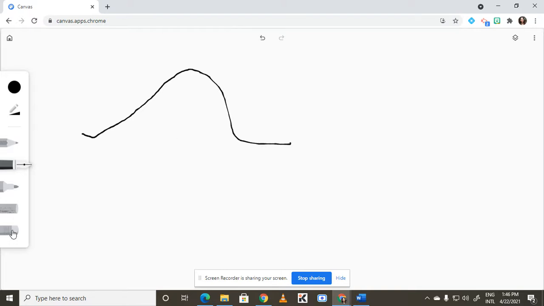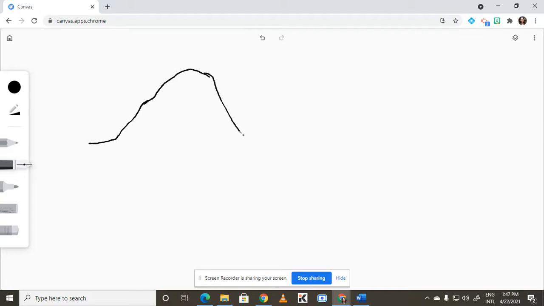Mukha bang bell? Okay, so bell shape. Ayusin natin yung drawing. So, dapat bell shape. Okay, mukhang bell. Dapat mukha siyang bell. So, it should be bell shape.